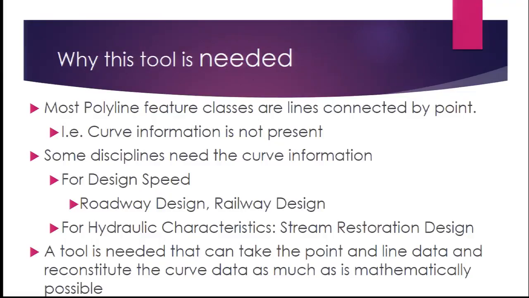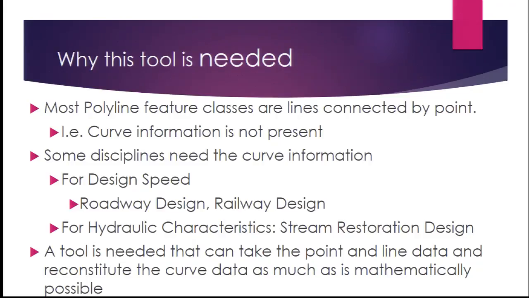So why do we need such a tool? Well, as you might know, most polyline feature classes are not lines connected by a point, they're points connected by a line. So that slide has got the terminology backwards. But it makes you read the slide, right?